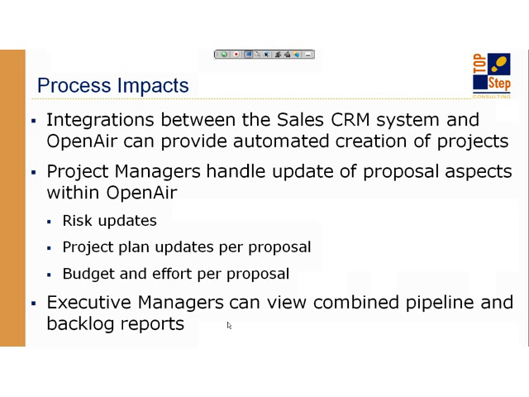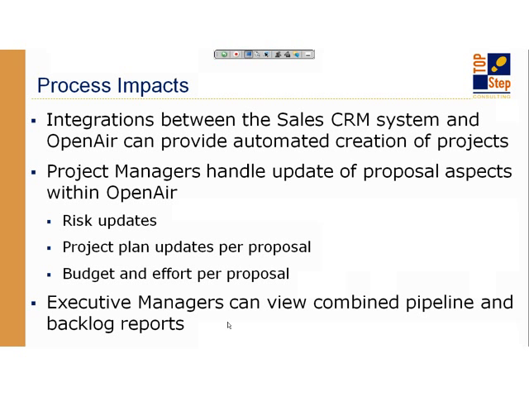What was helpful, though, is from the integration, if you have different types of projects that you're delivering, set up different templates in OpenAir. When you set up different templates in OpenAir, what that gives backwards into the sales system, what that gives a sales team the ability to do is identify what kind of opportunity is it. Is it going to be consulting only? Is it going to be development? Is it going to be an advertisement or campaign?